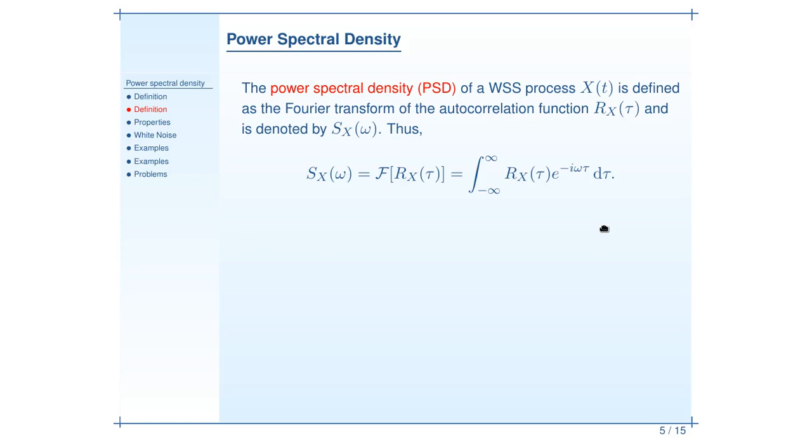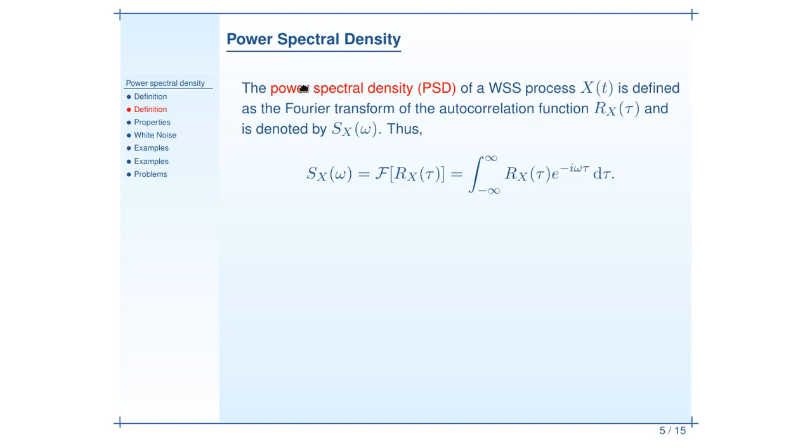And the idea is, instead of the individual signals, we take the autocorrelation function of the random process. And it turns out that instead of taking the Fourier transform of the individual signals contained in a random process, if you take the Fourier transform of the autocorrelation function, you will get something in the frequency domain which happens to be a very important quantity for the random process.